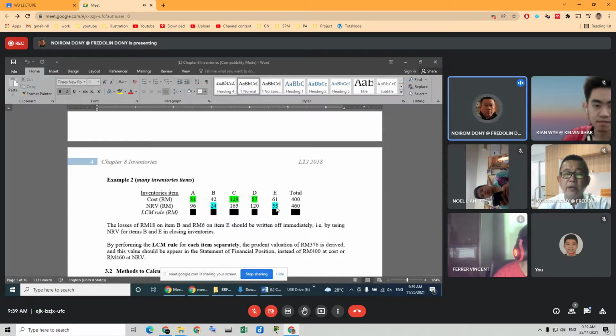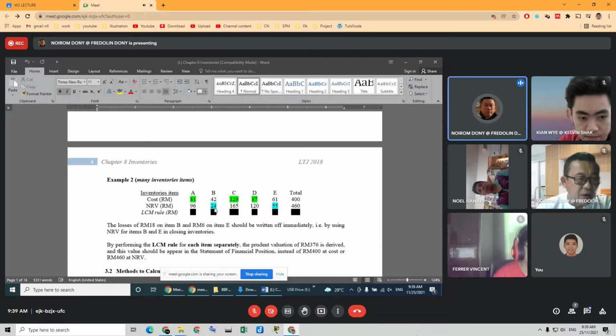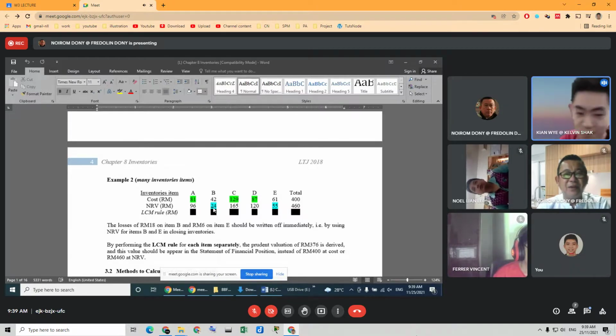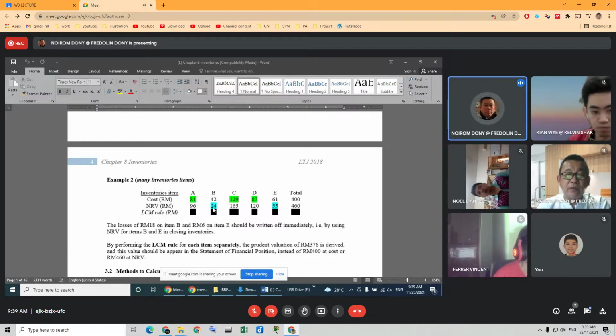So what happened here? Look at the blue color. We bought for 42 ringgit, but we value at 24. So we have a loss, isn't it? That is about 18 ringgit.